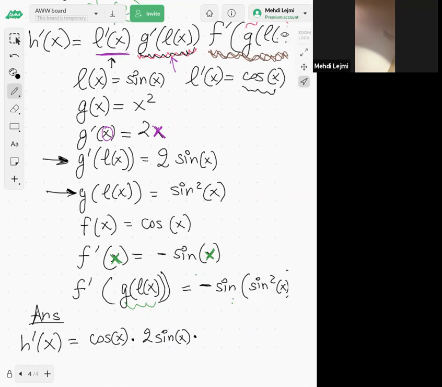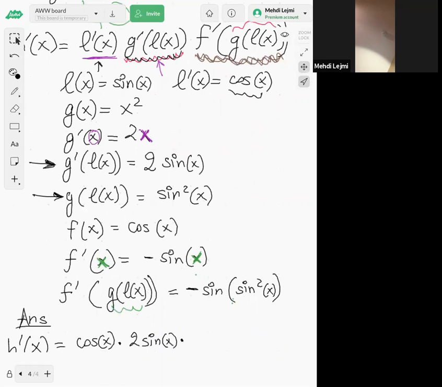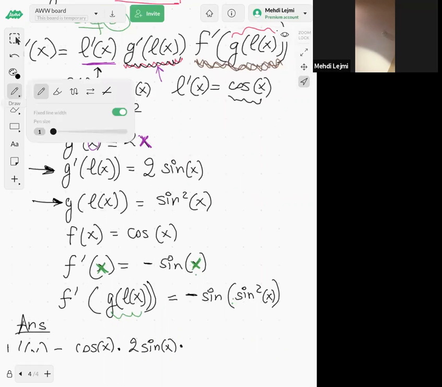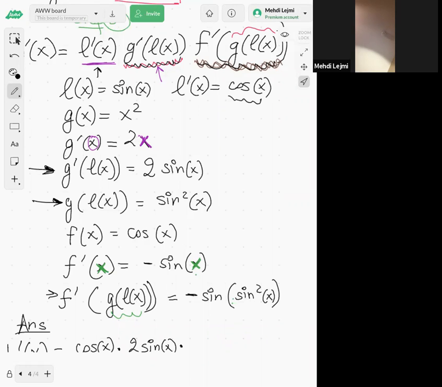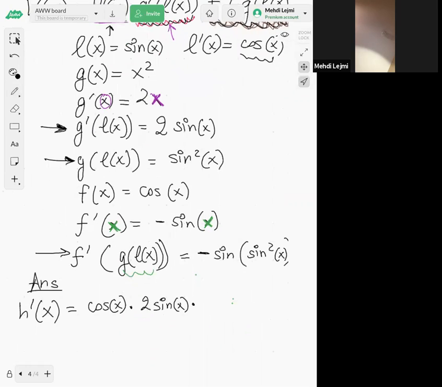Times, and then we have f prime of G of L of x, which is minus sine of sine squared of x. So it's times minus sine of sine squared of x.